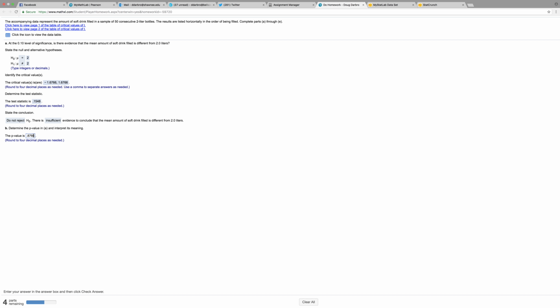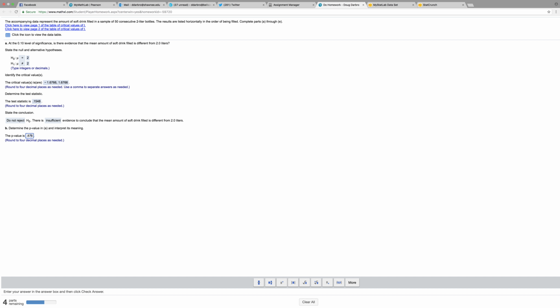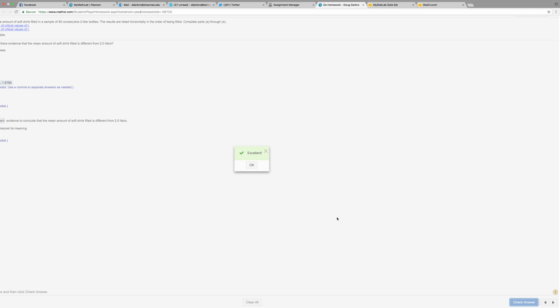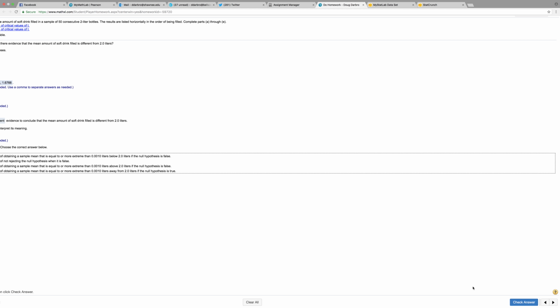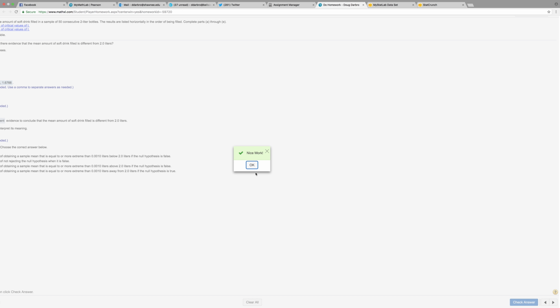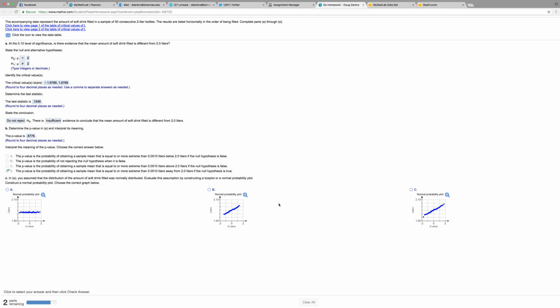It's awfully sensitive too. Interpret the meaning of the p-value. The p-value is the probability of attaining a sample mean as extreme as observed. So, guys, if the null hypothesis is true is always the critical component of the correct interpretation.